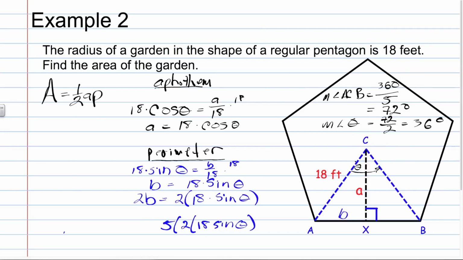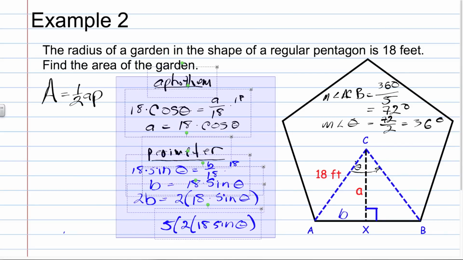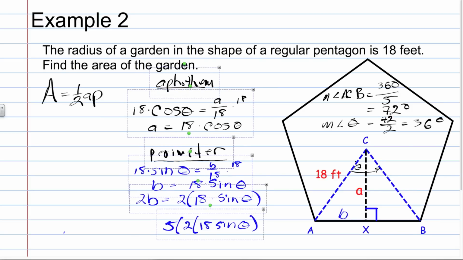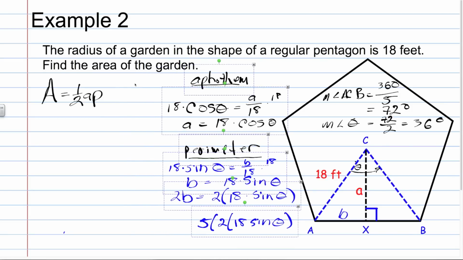So let's see how we take this mess and put it into our formula. Let me gather this stuff up and move it a little bit so I have more room to work with.